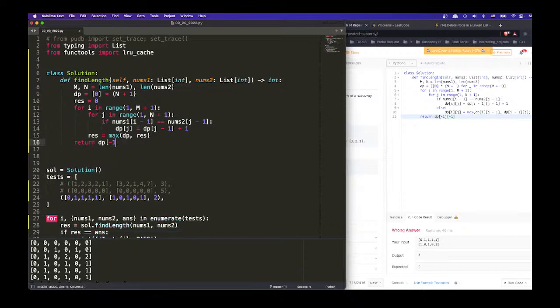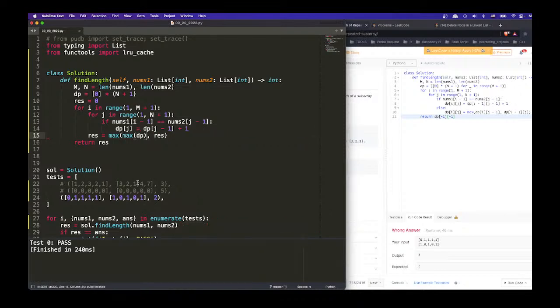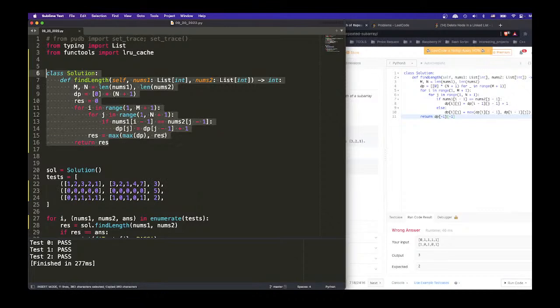And then we return res. Sorry, it should be max. Yep, I feel like this is the one. Yeah, because it's going to change.